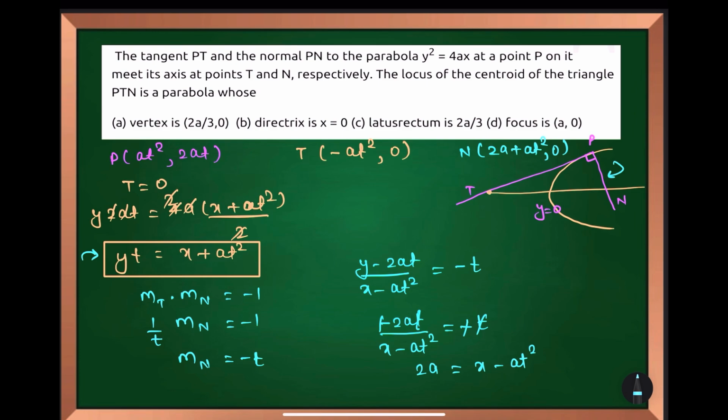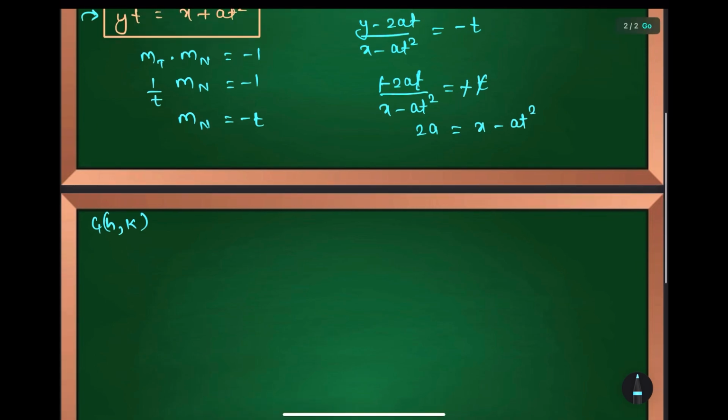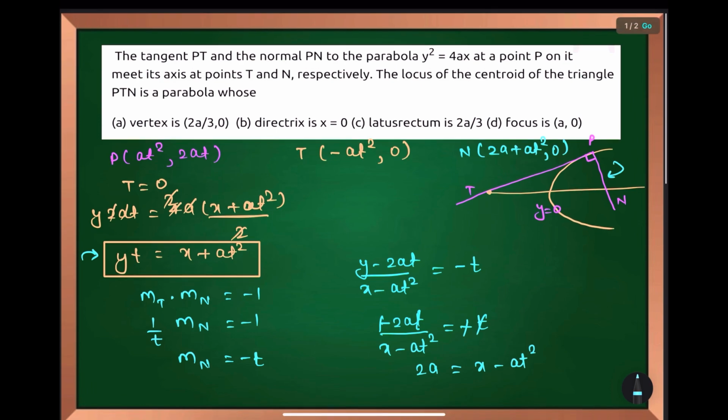Now look at this. What do we need? Look at this question: the locus of the centroid of triangle PTN. We have solved so many questions based on locus. So we take a point (h, k) as the centroid. Now you know how we find the centroid: it is the point of intersection of medians. But we are not interested in finding medians because we have those coordinates.